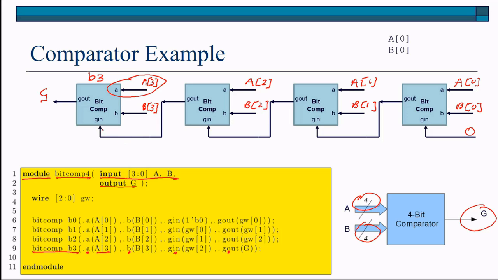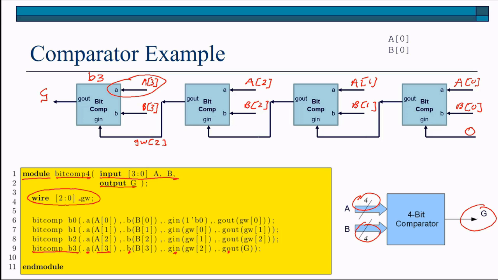Now, you'll note that for GN, we need an internal wire in our design. So what I've done here is I've called that wire GW bracket 2. And locally within the module, you'll note a declaration for GW. It's a 3-bit wire.